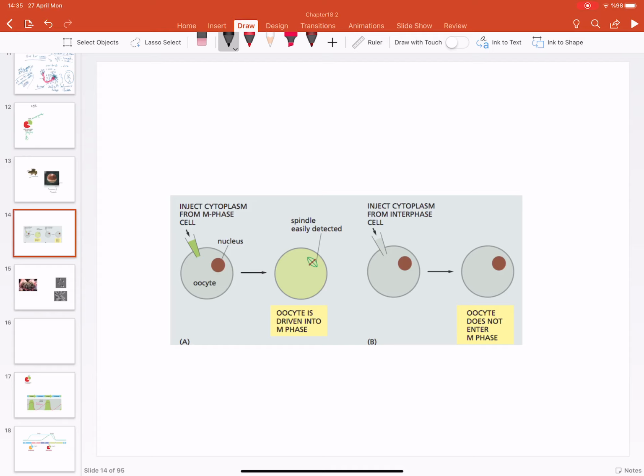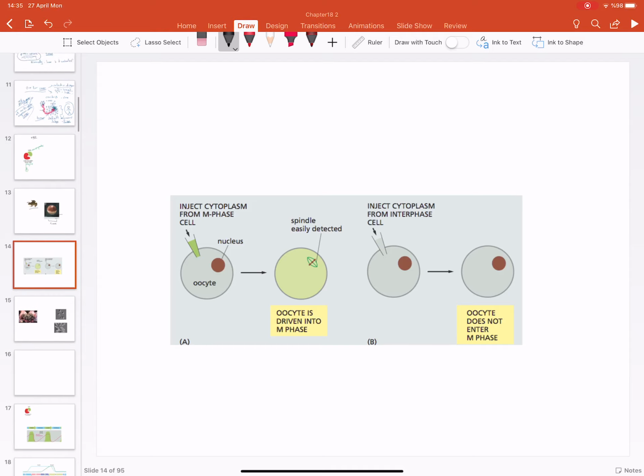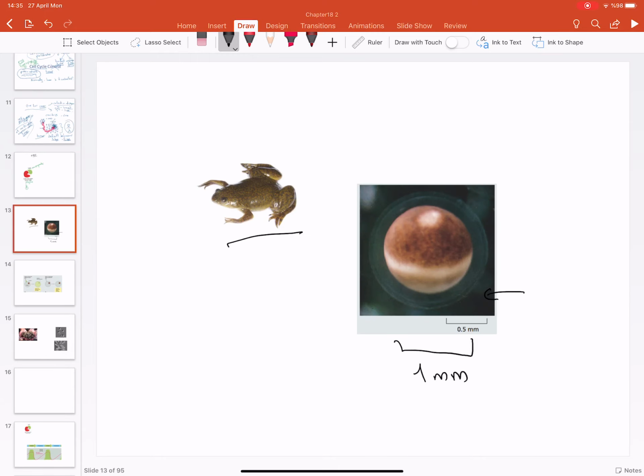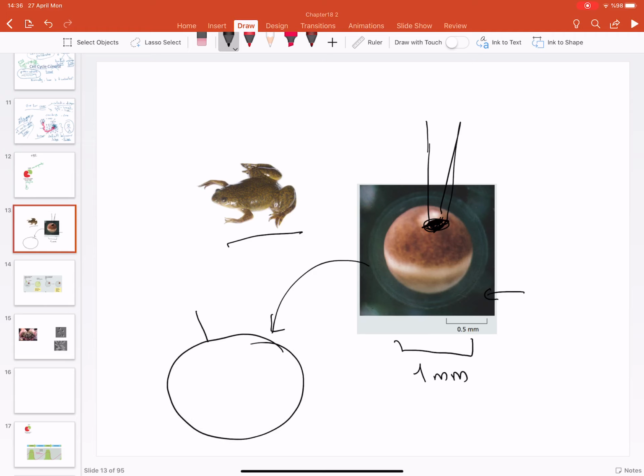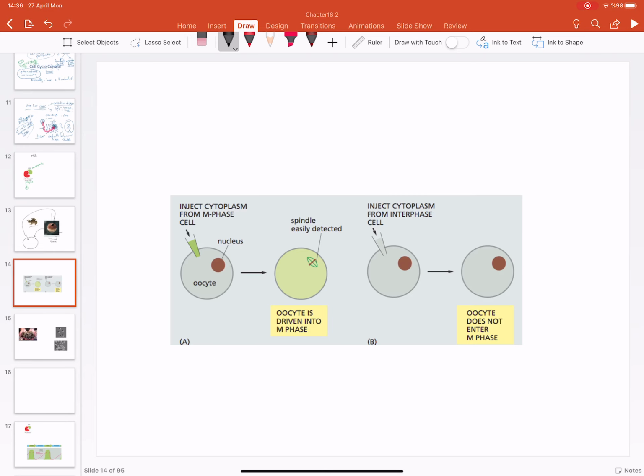And what they have done is that they were getting a piece of nucleus here, with a needle, with an injector, and transferring it into another frog embryo. Maybe fertilized, maybe unfertilized. Okay, here. So what they have seen is that if the first cell is in the M phase, and you inject a piece of the cytoplasm into the next one, it is inducing mitosis immediately.